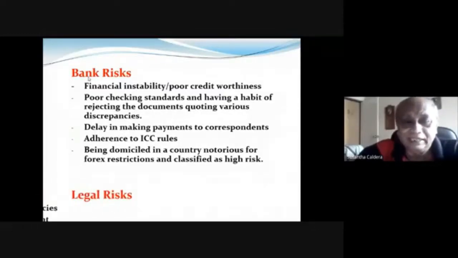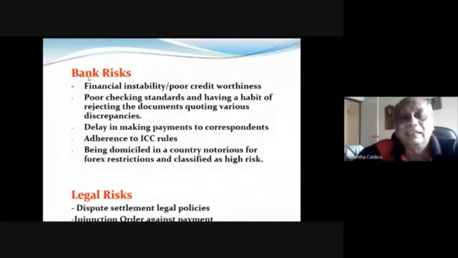The legal risk: dispute settlement, legal policies, injunction orders against payments. Those are some legal risks. In Sri Lanka, we had this issue, injunction orders against payment. That was a common thing about 15, 20 years back.